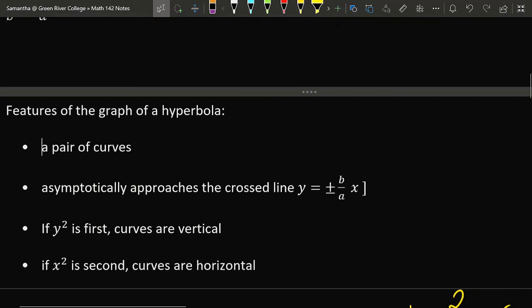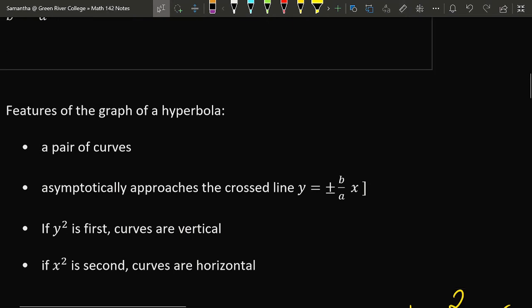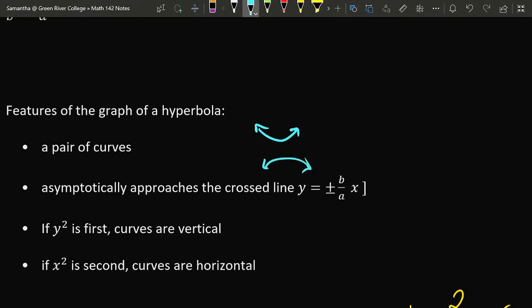Now, the graph of an ellipse could be described as a slightly stretched out circle. The graph of a hyperbola, though, is relatively unique. The graph of a hyperbola resembles a pair of curves, either a pair of vertically symmetrical curves, similar to what you can see in this blue sketch here, or a pair of horizontally symmetrical curves, as in this green sketch here.